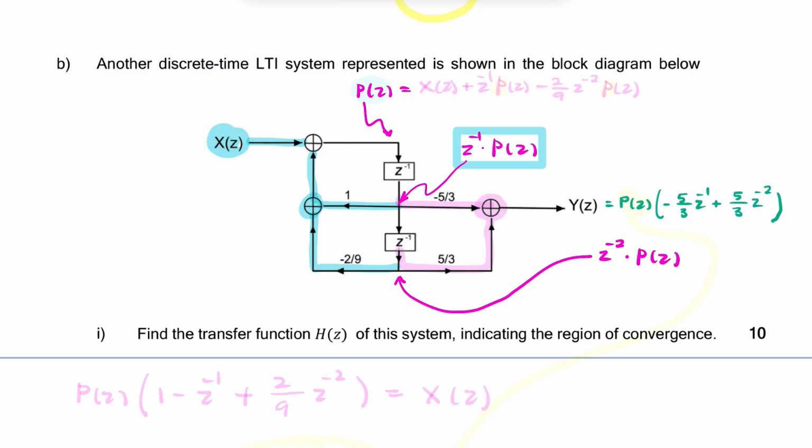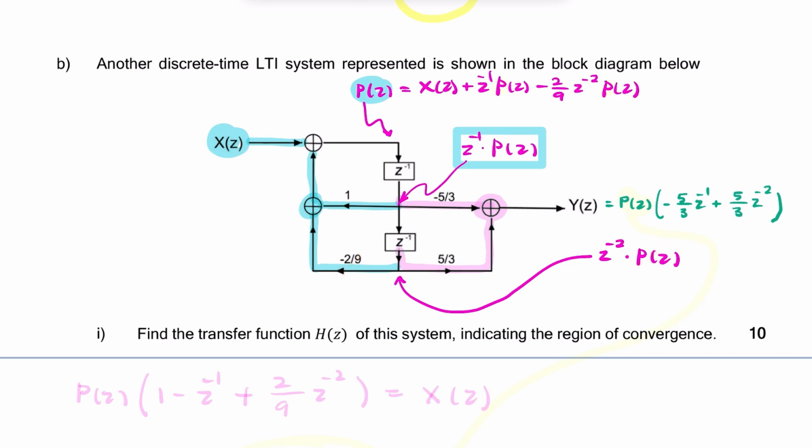All of these add up to give us P of z. So P of z looks like it's going to be, let me write it up here. P of z is X of z plus z to the minus 1 times P of z minus 2 over 9 z to the minus 2 P of z.